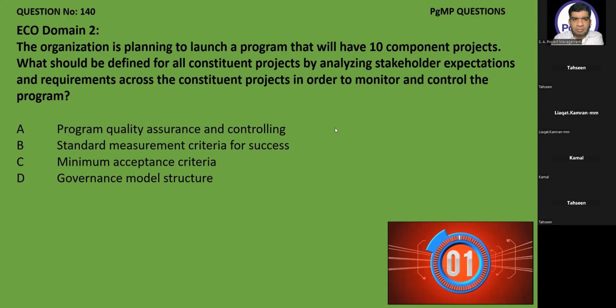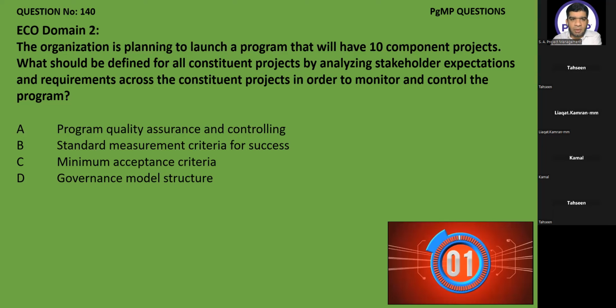Stakeholder requirements, number 1, is that benefits are delivered. Expected benefits are delivered, and that is achieved through quality control. When the quality is maintained, that means your product is acceptable. And the second thing is control, and that's why I chose option A. Okay. Program quality assurance and controlling that will govern at project level all across the board.